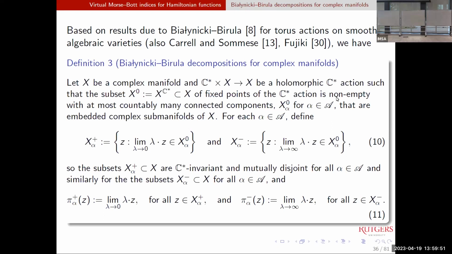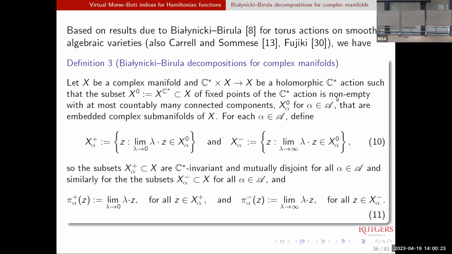So the idea, roughly speaking, is to replace the role of the gradient flow function by how you define unstable manifold, stable manifolds, and smooth Morse theory by these limits of C-star actions. So we have a set of fixed points, and then you can define an unstable manifold or a stable manifold in terms of limits of C-star actions.